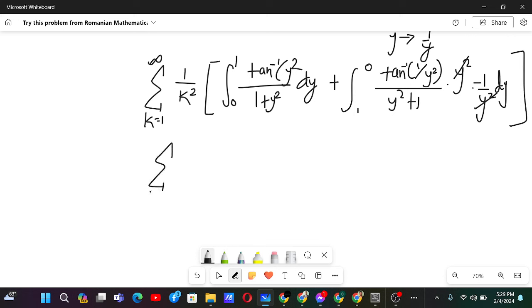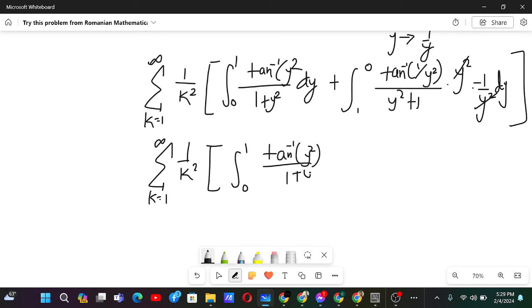So we will have the sum from k equals 1 to infinity of 1 by k square, and then the integral from 0 to 1 of tan inverse y square by 1 plus y square dy, plus the integral from 0 to 1 of, now tan inverse 1 by y square can be written as cot inverse y square, cot inverse y square by 1 plus y square dy.